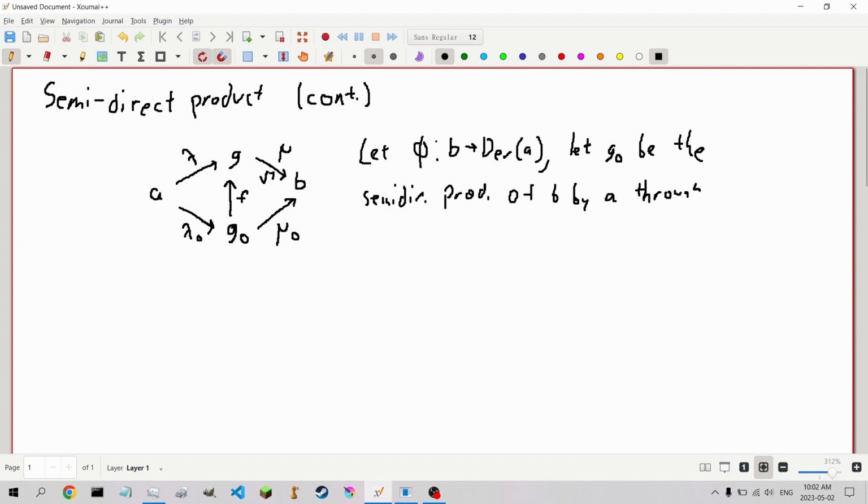Nope, yeah, that is right. And we're going to define it through this phi.